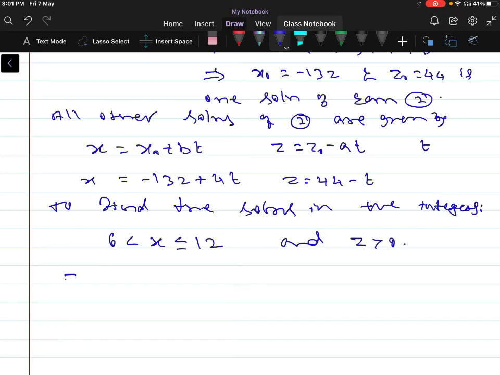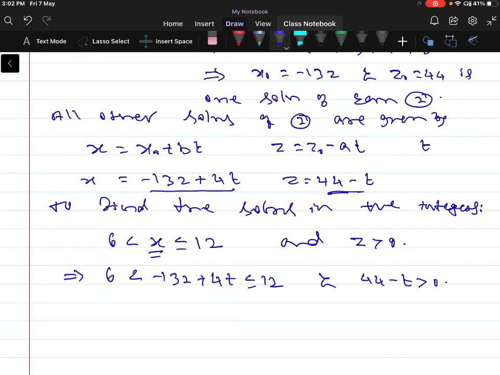This implies 6 is less than minus 132 plus 4t less than or equal to 12, and z, which is 44 minus t, is positive.